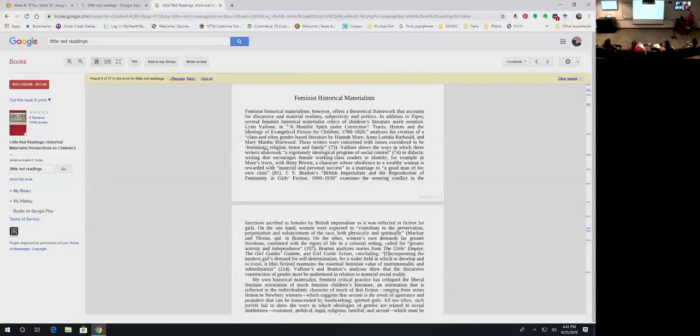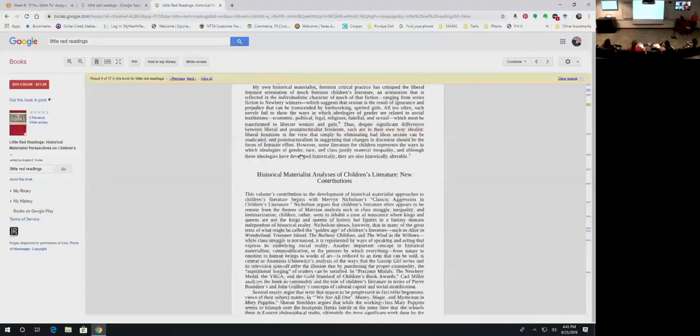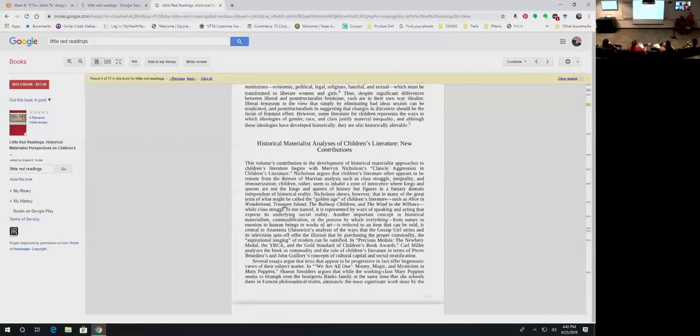And then she moves it into children's literature, historical materialist analysis of children's literature, new contributions. So that's going to look at what this particular volume is trying to accomplish. And if I'm not mistaken, here, she talks about each chapter and she links them.